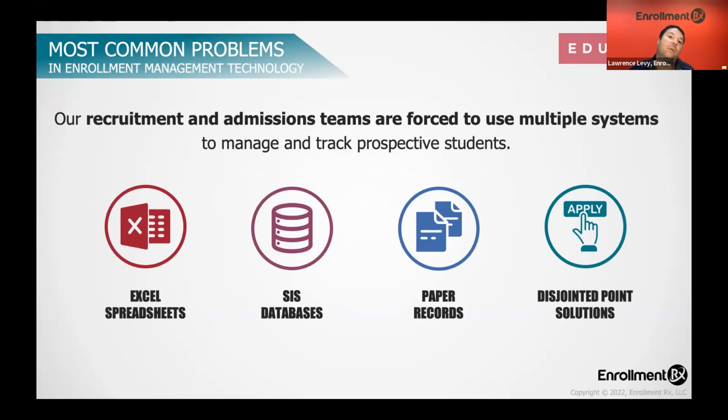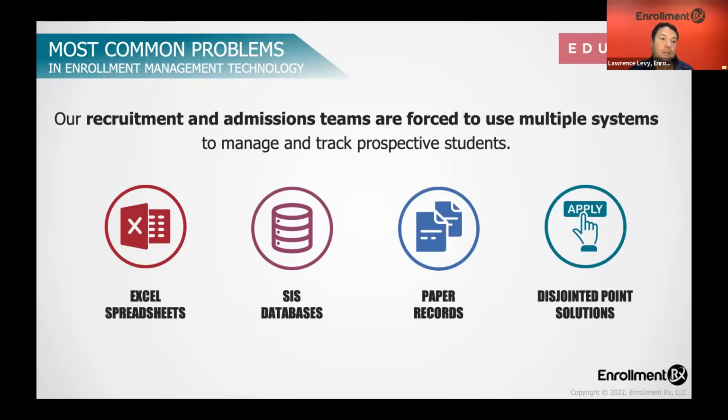One of the most common problems that we see in the market in enrollment management technology, and one of the biggest struggles, is this one here, where schools will say our recruitment and admissions teams are forced to use multiple systems to manage and track prospective students. This is extremely common, and that could be anything from recruitment teams using Excel spreadsheets, and the admissions team using the student information system to manage applications, and maybe even paper records involved in this whole process. And there could be multiple disjointed point solutions.